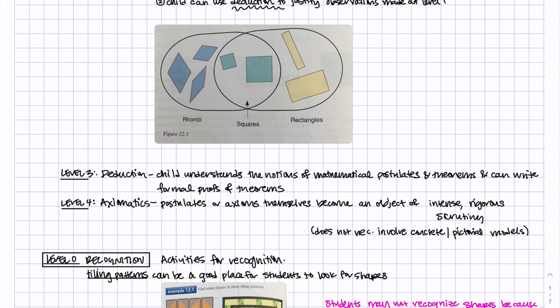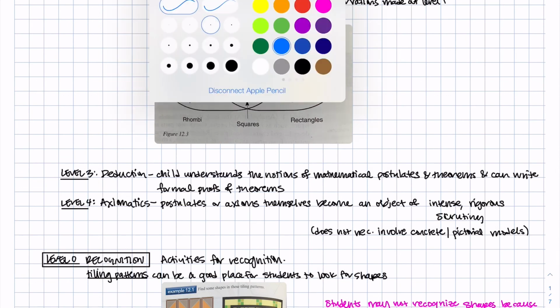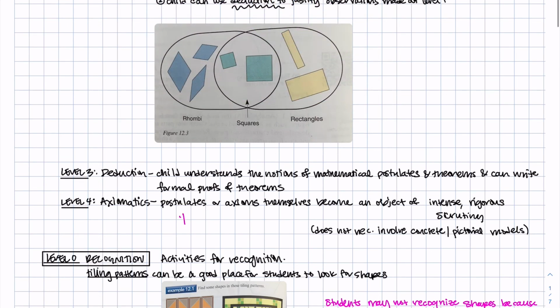So it's just a higher level of abstraction. This is something that would occur more likely at the college level, maybe a college level geometry class.